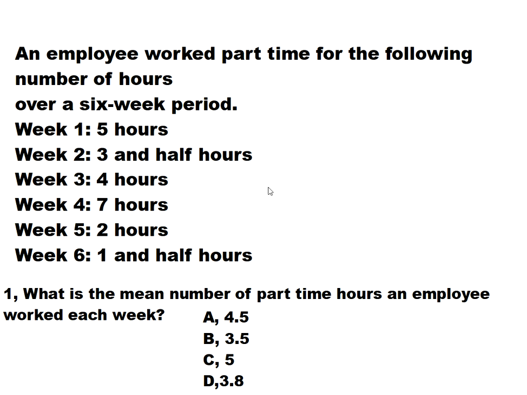So in order to get the answer, you have to add all the hours from week 1 to week 6, and then you divide it by 6. If you add all the number of hours from week 1 to week 6, the total is 23 hours.